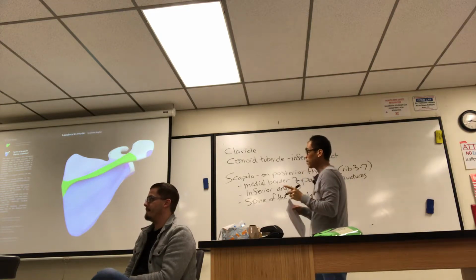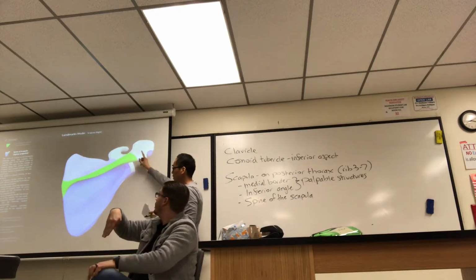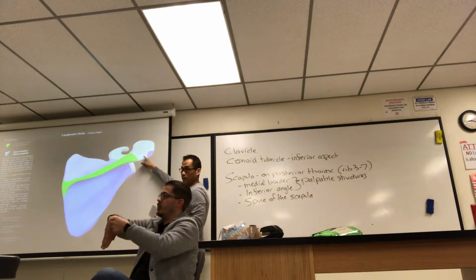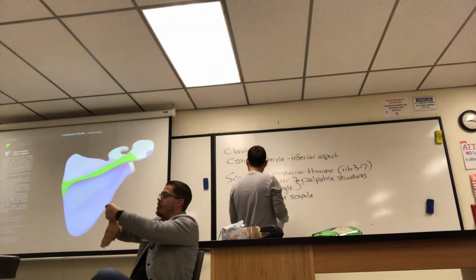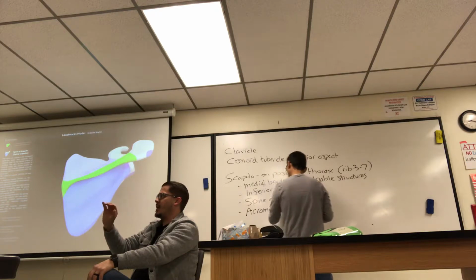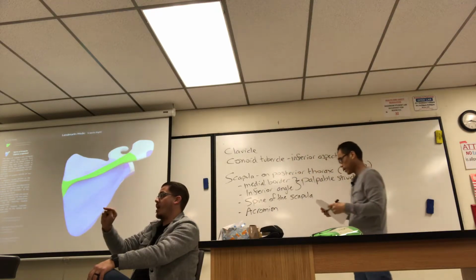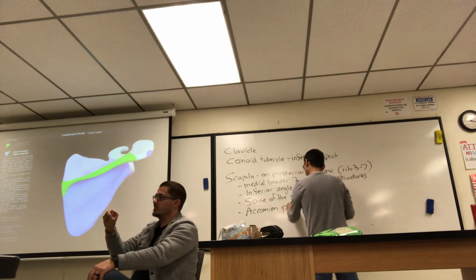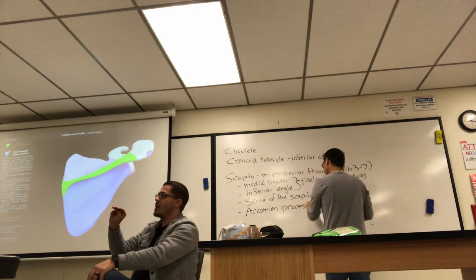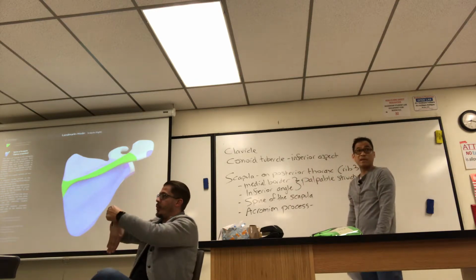The spine of the scapula, as it continues laterally, it widens and flattens, and that part is actually the acromion. You can just call it acromion or acromion process, as it's known. The acromion process, as you can see, is a continuation of the spine laterally.